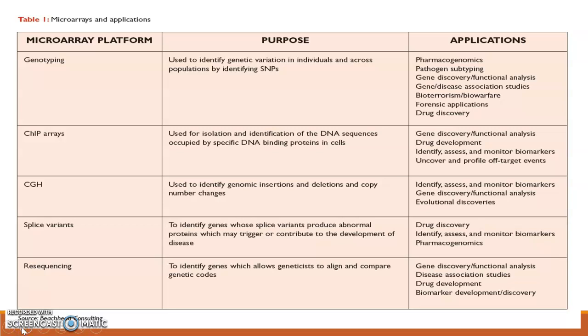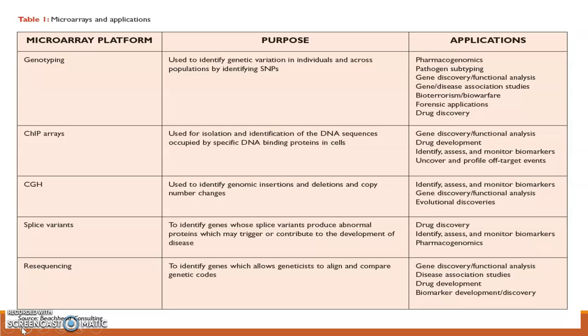Next, this is about the purpose and application of the various types of microarray. Genotyping arrays are used to identify genetic variation in individuals and across populations by identifying single nucleotide polymorphisms. They are used in genomics, pathogen studying, bioterrorism, drug discovery, forensic applications, etc. ChIP arrays are used for the isolation and identification of DNA sequences occupied by specific DNA binding proteins in the cell.